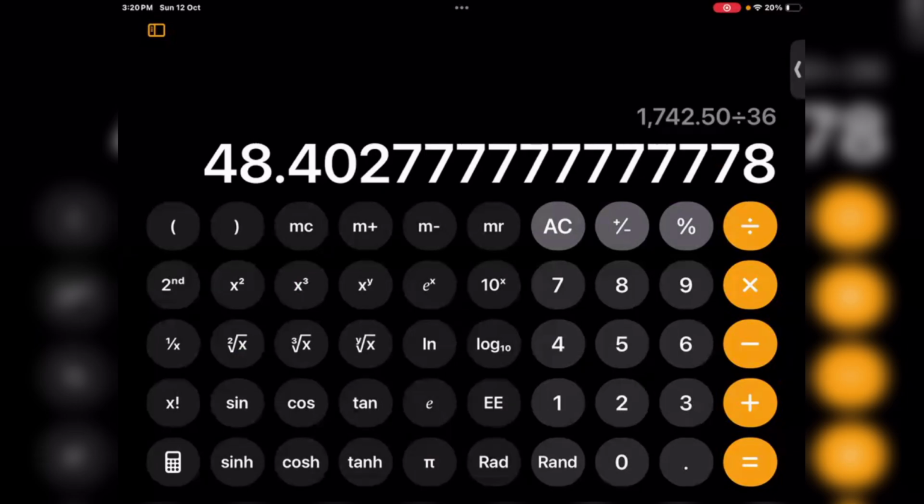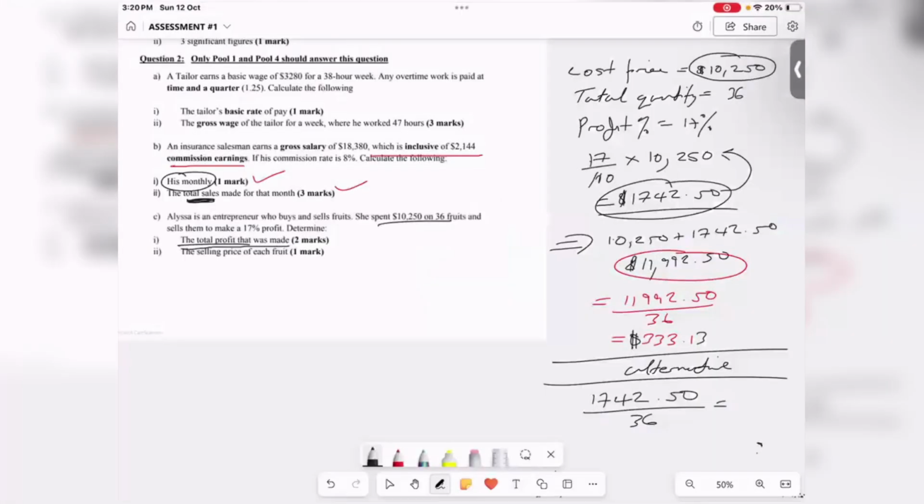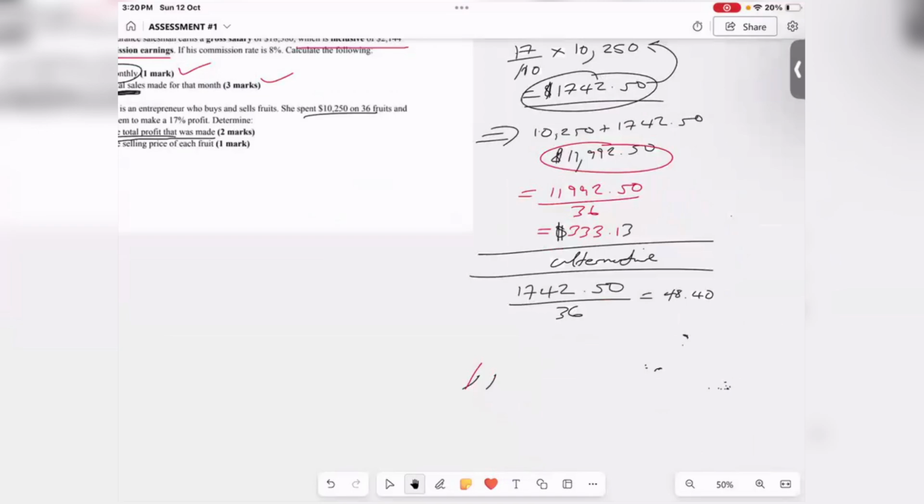So we're going to get 48.40 here. And then guess what happened now? This is a much more complicated approach. Then we would have to go ahead and divide. Let's grab a pen here. It's a bit messy on my screen.